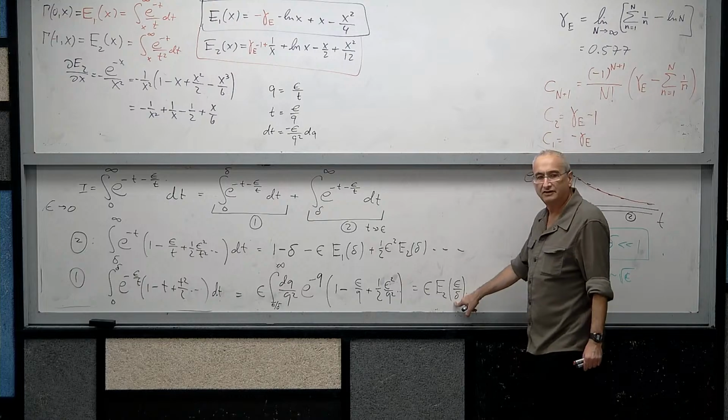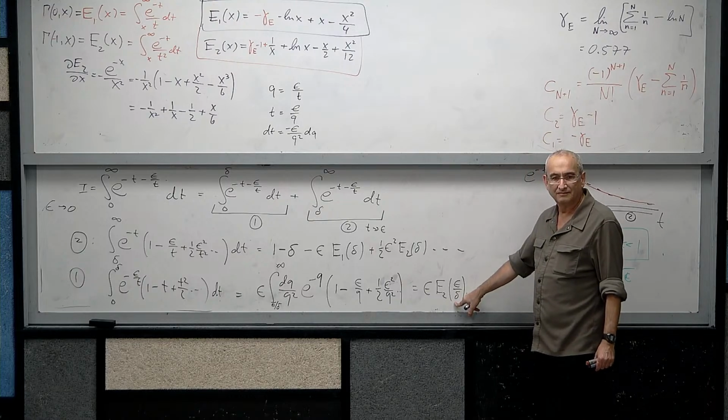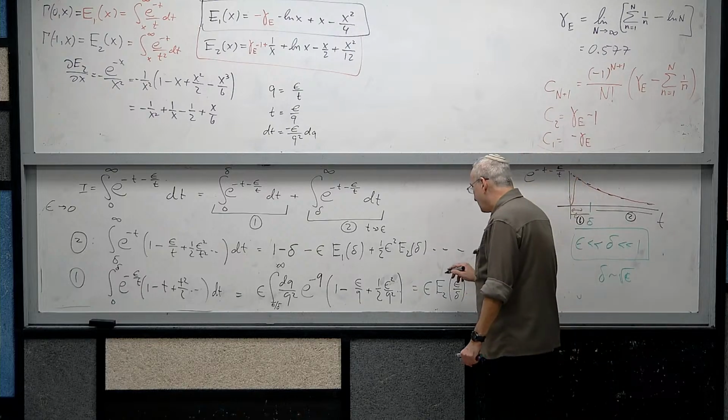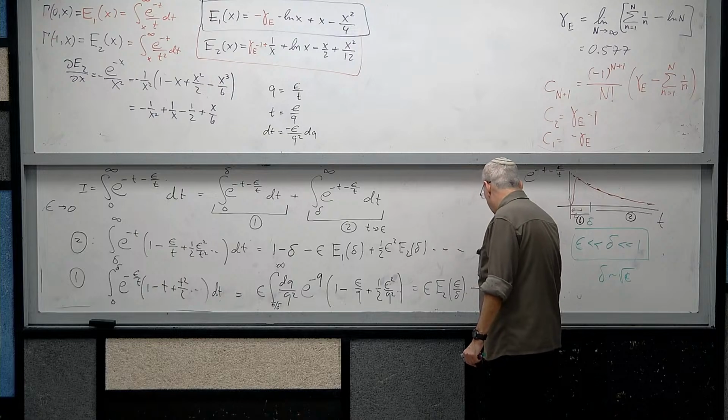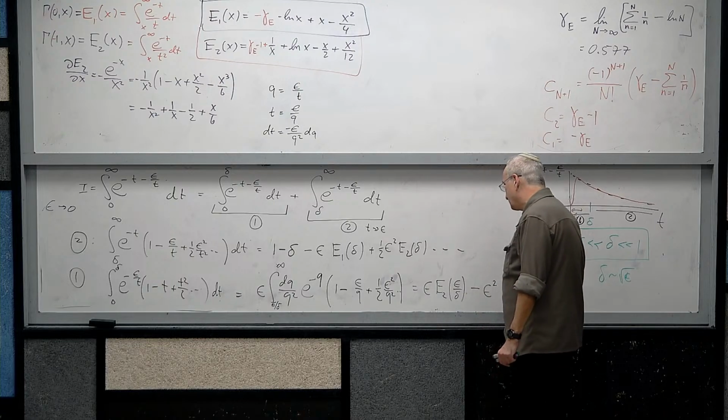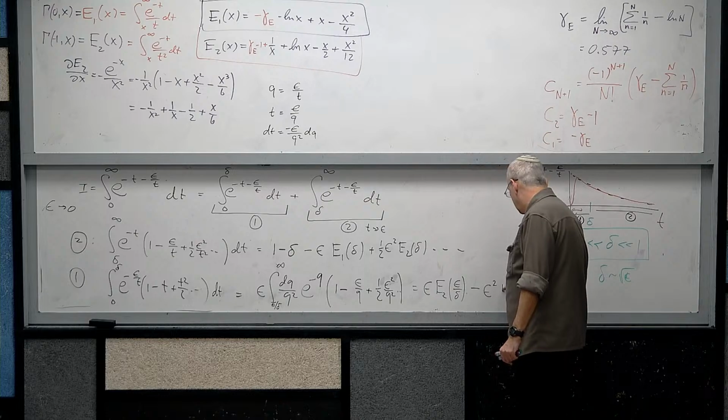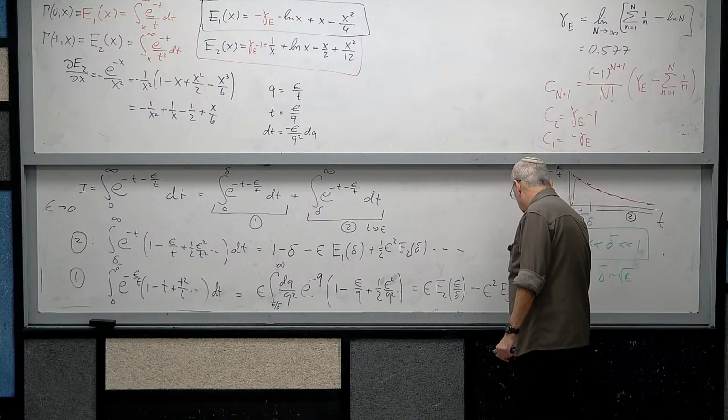Now, is epsilon over delta small? No, it's not. And then the next term will be minus epsilon squared, if you like, times E3 of epsilon over delta, and so on and so forth.